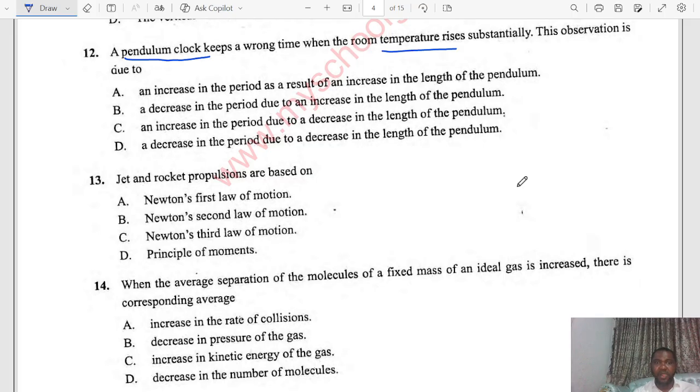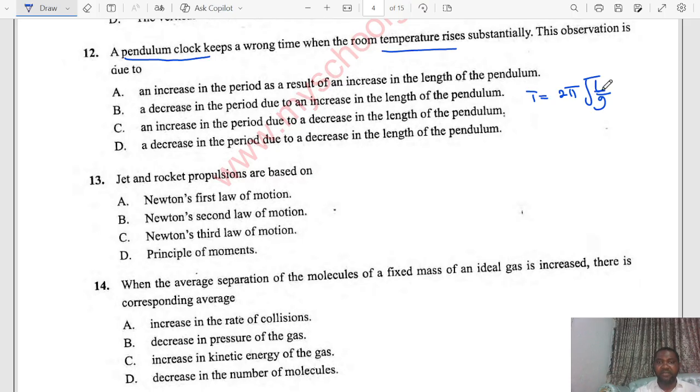That's correct. Now, you should know that the period of a simple pendulum is equal to 2 pi root L over g. That's the formula for the period of a simple pendulum. And so the period is directly proportional to the square root of the length.